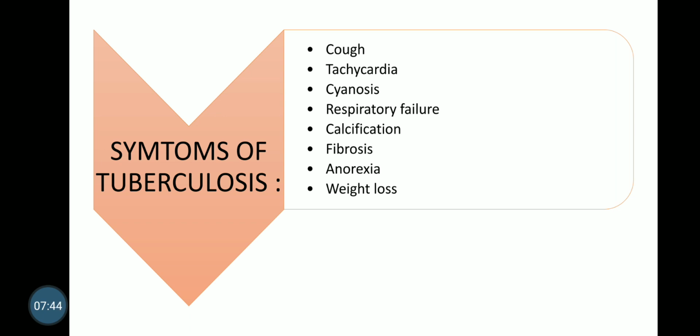Calcification means the tissues become hard due to deposition of precipitates or larger deposits of insoluble calcium and magnesium in parts of the tissue, therefore the tissue becomes hard in nature, which we call calcification. Fibrosis, anorexia and weight loss are also symptoms of tuberculosis.